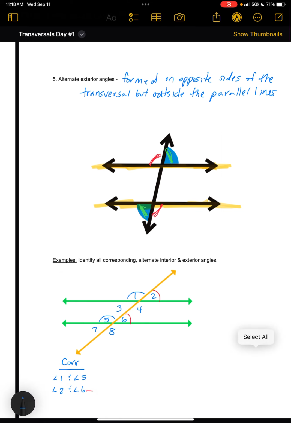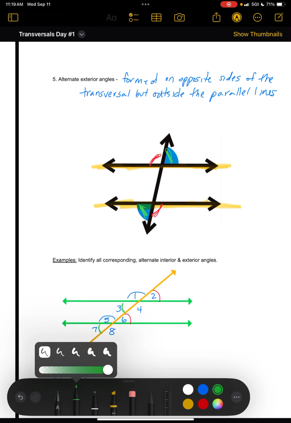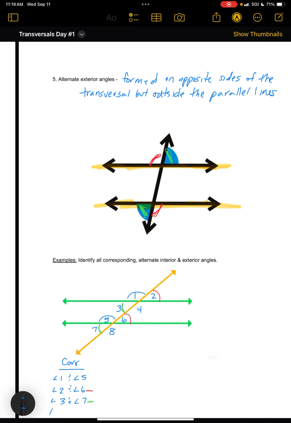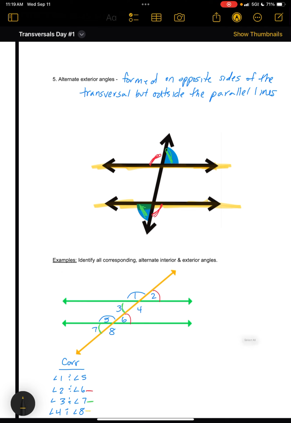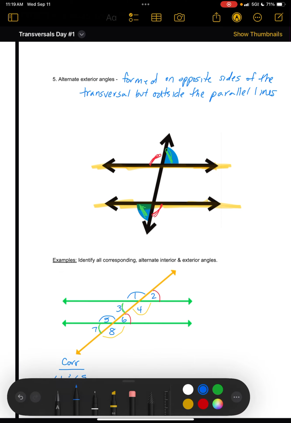Then I have angle 3 and angle 7. We're going to do that one in green. That's down here on this bottom side. And then our last one is angle 4 and angle 8, and we'll do that one in yellow. Okay, so those are our corresponding angles.